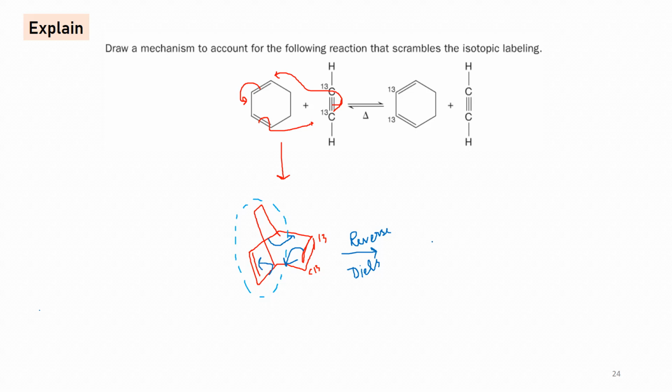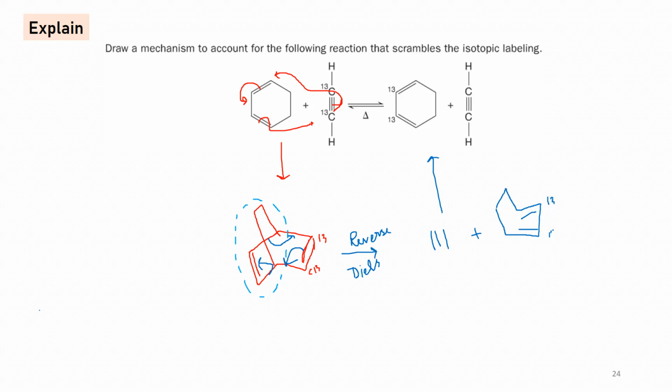So what are we getting? Here we are getting a triple bond. And again we draw how it looks like. We are getting a double bond at this position, and so we are getting these two carbons labeled.